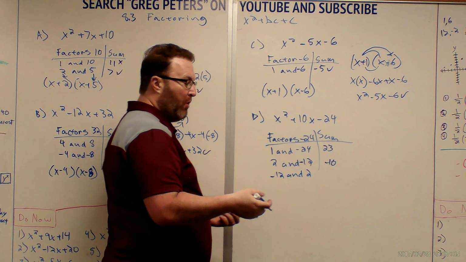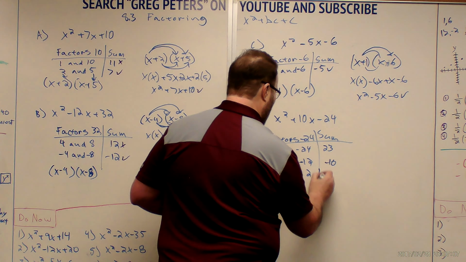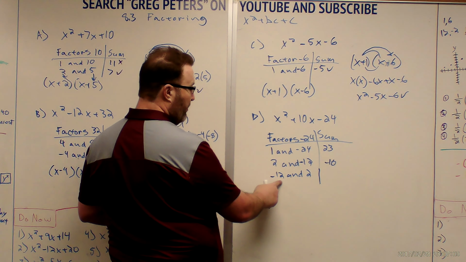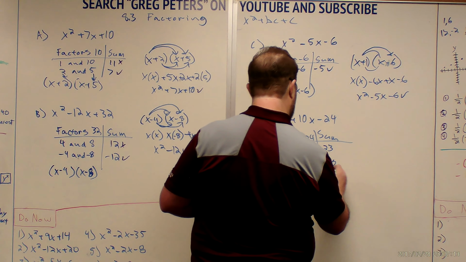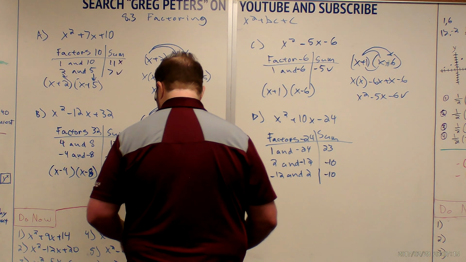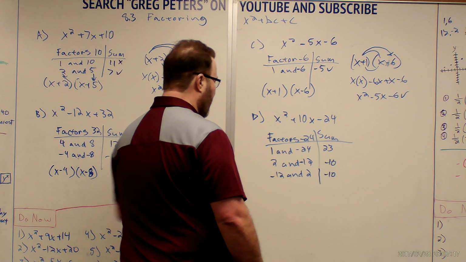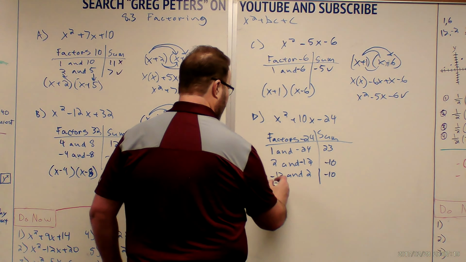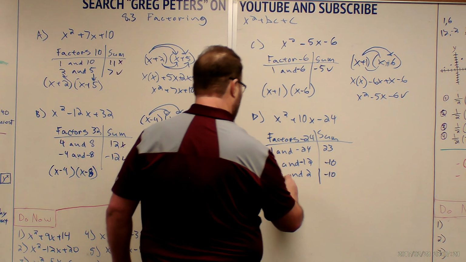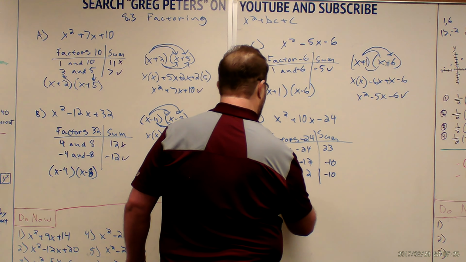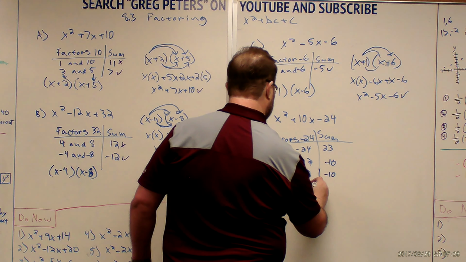So a lot of times when you work the problem out, you'll kind of figure out what direction it needs to go. So negative 12 and 2, the sum is negative 10. Oh, whoops, I wrote that wrong. Well, neither one of those work, but we actually need a negative 2. So we're going to do 12 and negative 2.